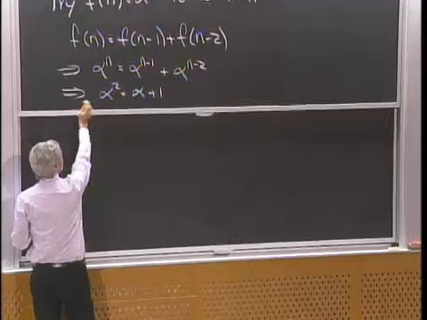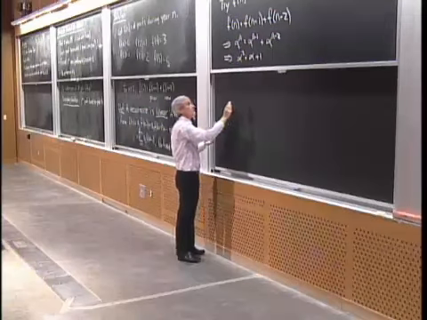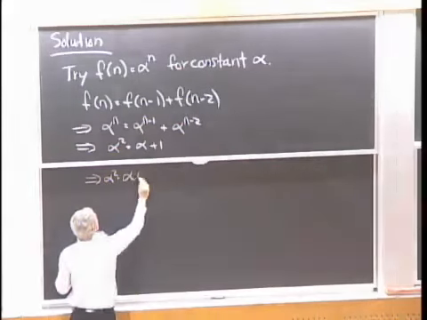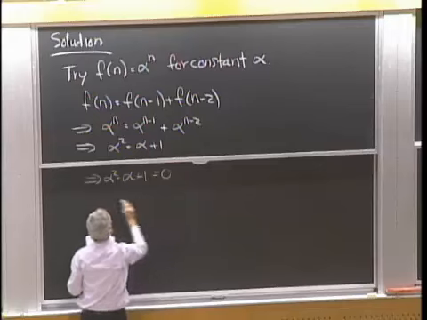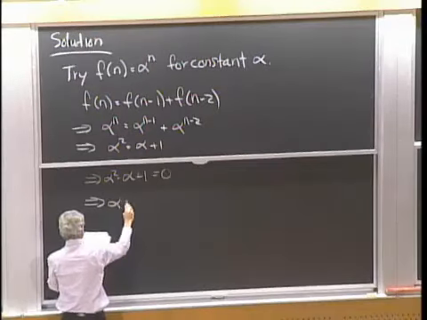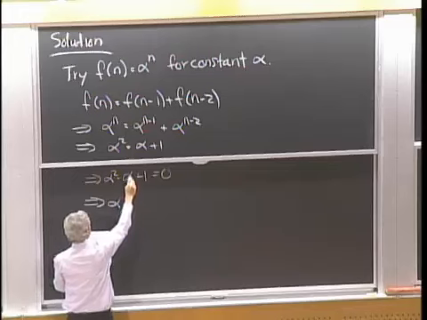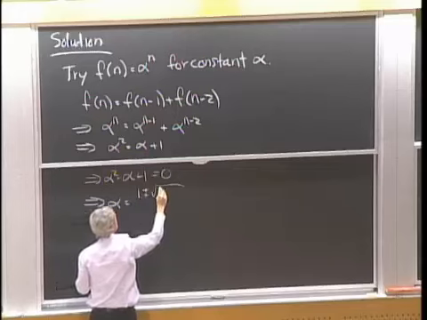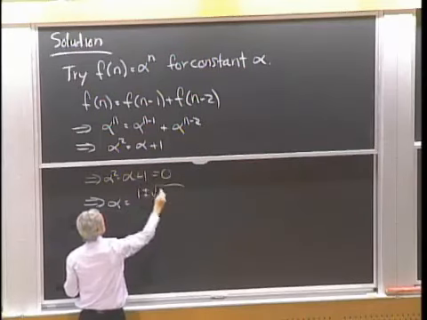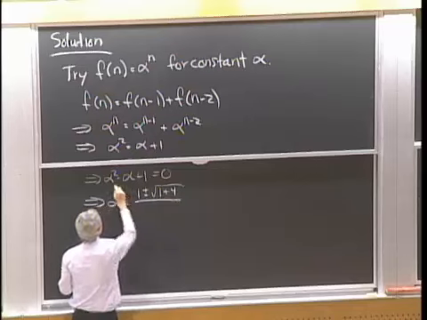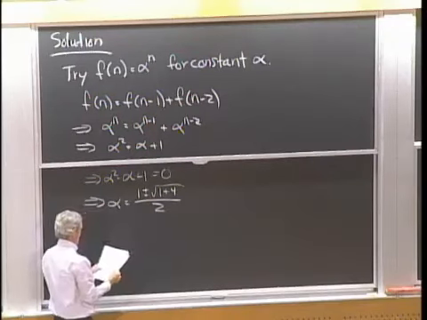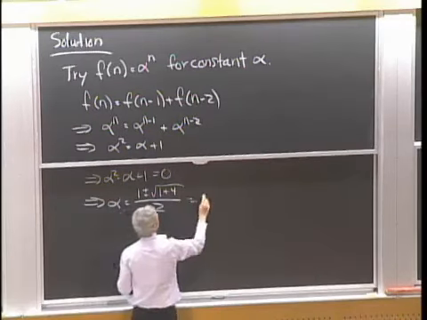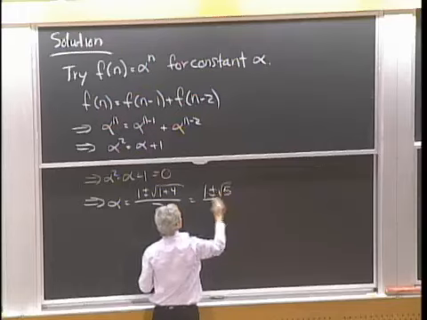And now I can use the quadratic formula to solve for alpha. All right, that means that alpha squared minus alpha minus 1 equals 0, which means that alpha equals minus, minus 1 is 1, plus or minus the square root of minus 1 squared is 1, minus 4ac, plus 4, over 2. OK, so there's two possible solutions here. This is 1 plus or minus the square root of 5 over 2.